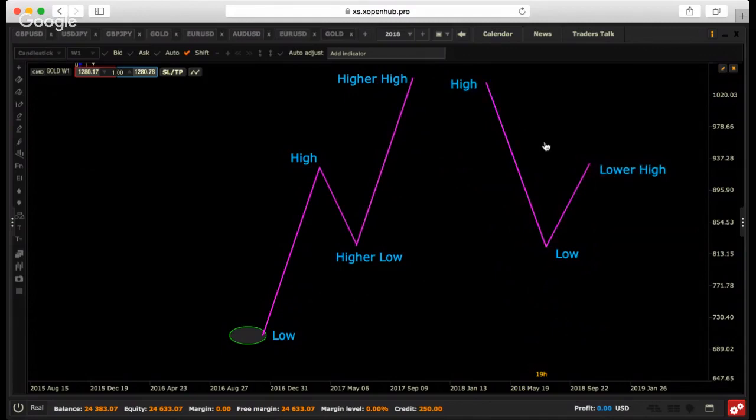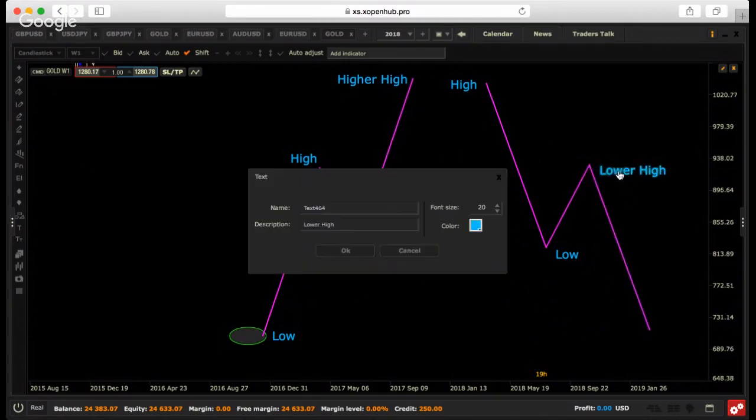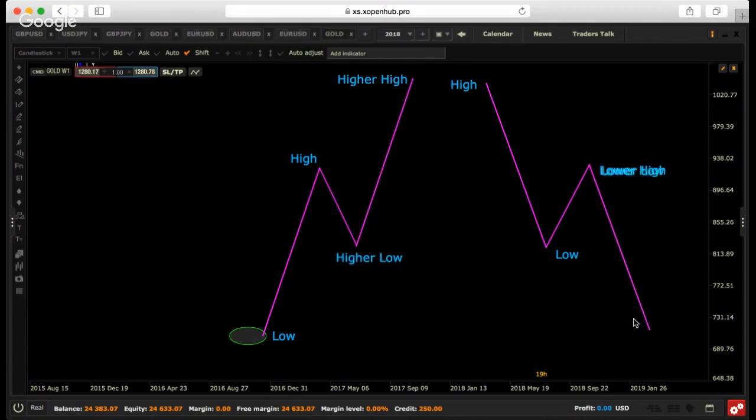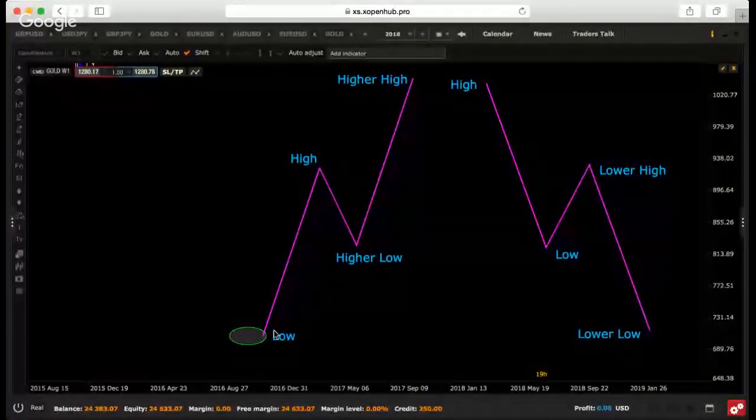So see that? And then what happens after that is usually the next excitable move. And this is called a lower low. Okay, so lower low is what happens over here. This would be called a lower low. So what we're looking for is excitable moves, which are these.